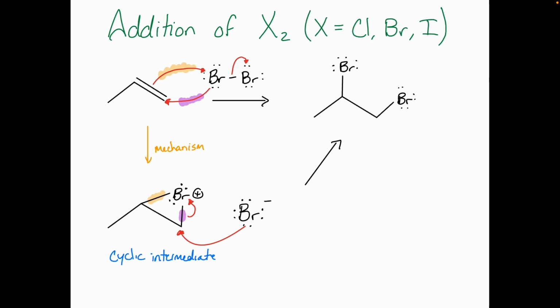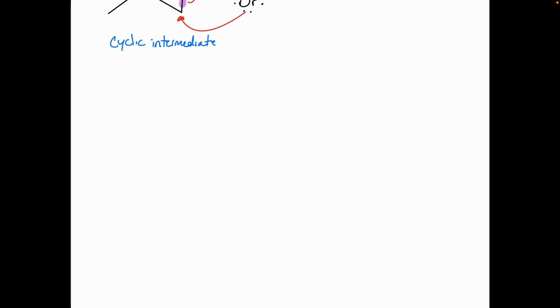All right, so what are the consequences of this mechanism here? Well, let's just look at another alkene. We're going to use a cyclic alkene. Okay, for the sake of variety, I'm just going to use a different halogen.